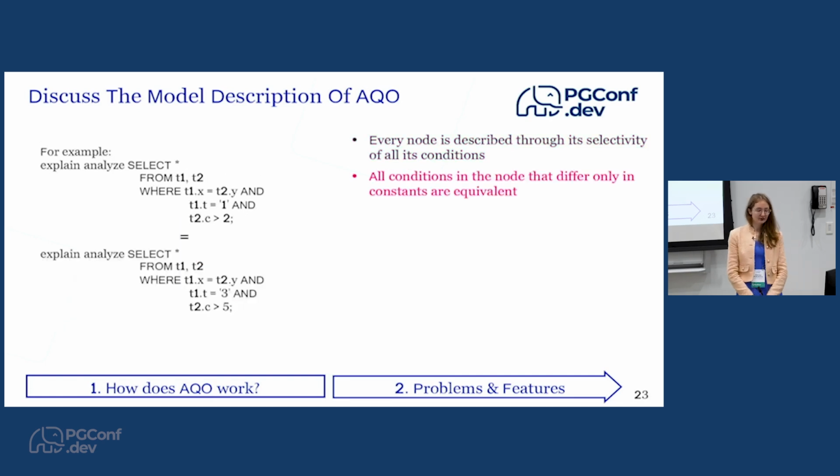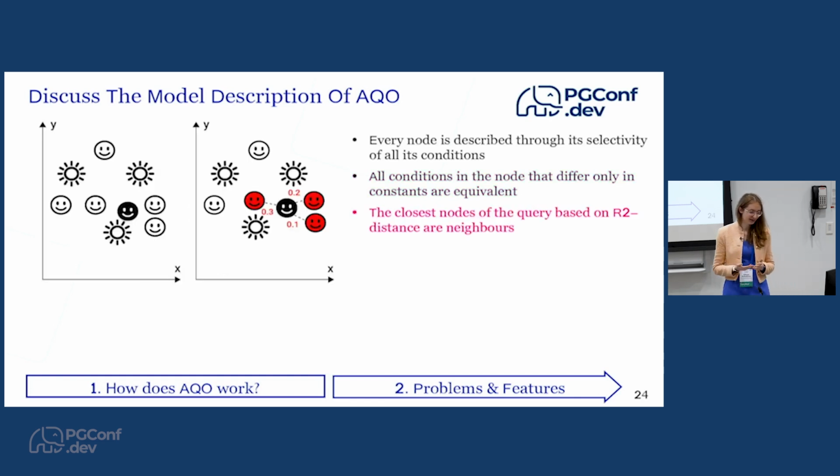All conditions in the node that differ only in constant are equivalent for us, like two queries that differ from each other only in constant. And we call neighbors the closest nodes based on L2 distance.